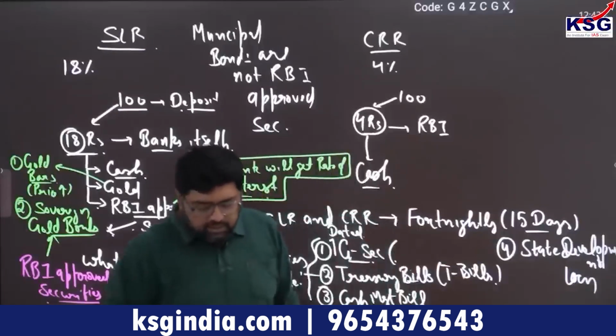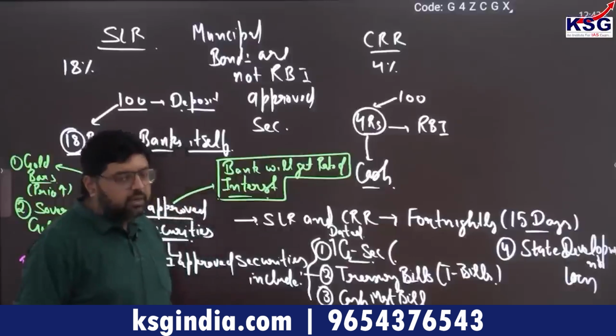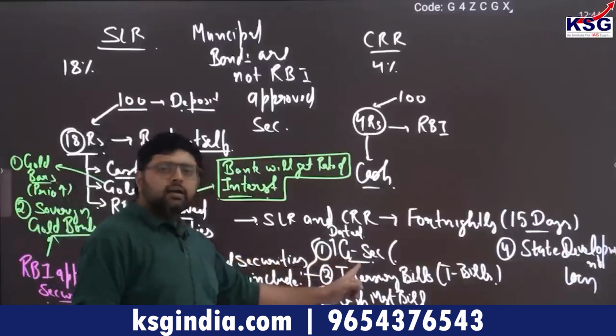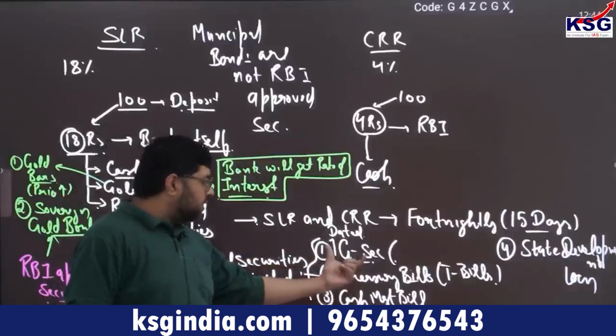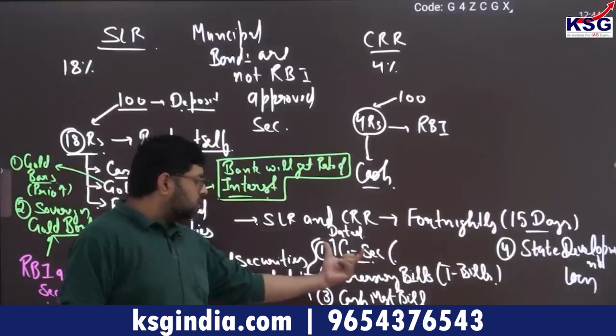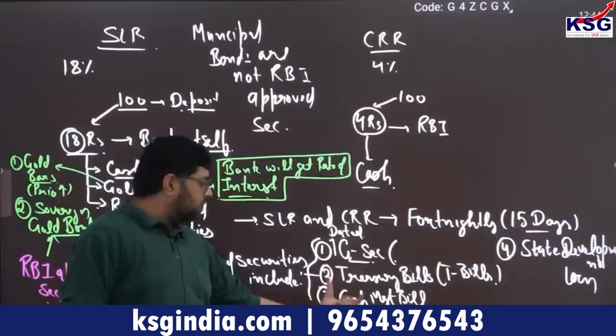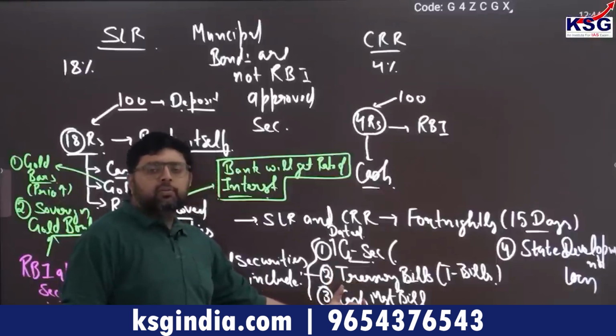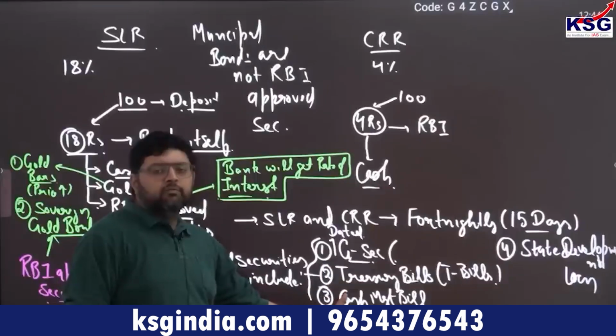One student is asking whether interest from RBI approved securities comes from CFI. See, beta, it is a logical, common sense question. If the bank has given money for purchase of government securities, treasury bills, or cash management bills, then interest will be paid by the central government and it will come from CFI.